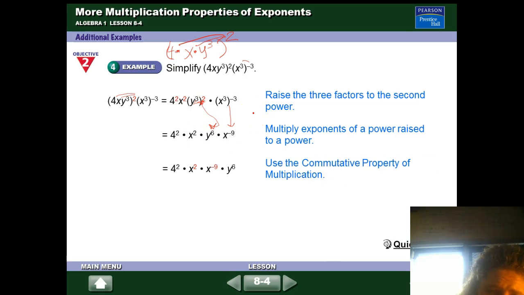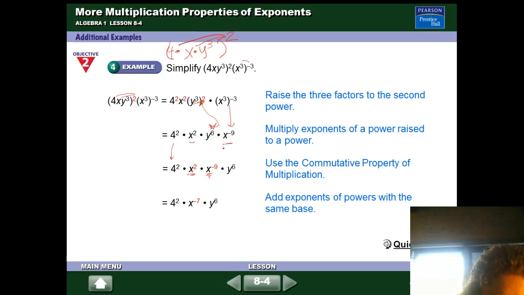Continue to simplify. We can rearrange these because it's multiplication, that commutative property of multiplication, rearrange them around. 4 squared, I brought down. X, my like terms here, x squared and x to the negative 9, and then my y to the 6th. Like terms, they have the same base. So because they have the same base, we can do what with their exponents from yesterday's lesson?